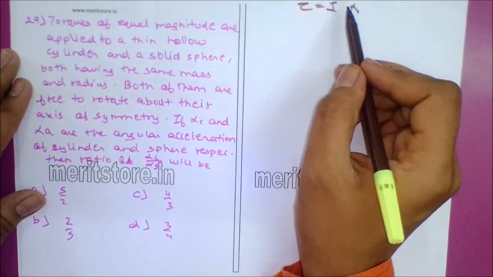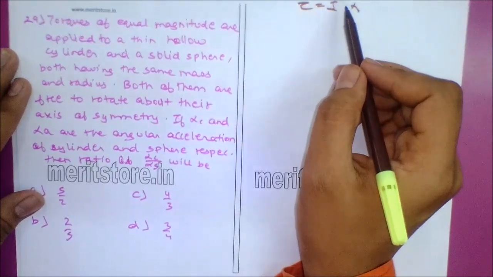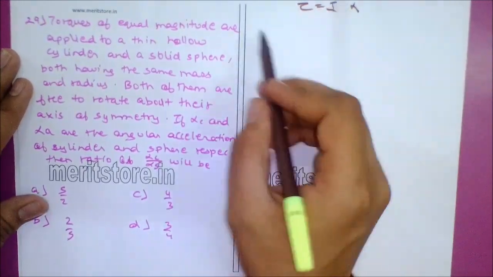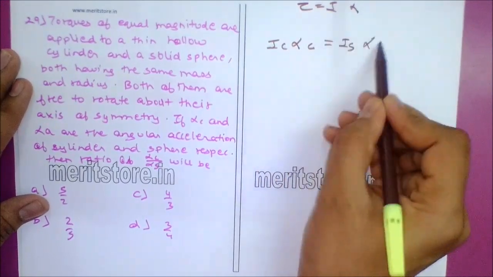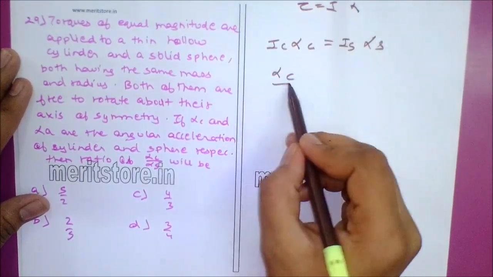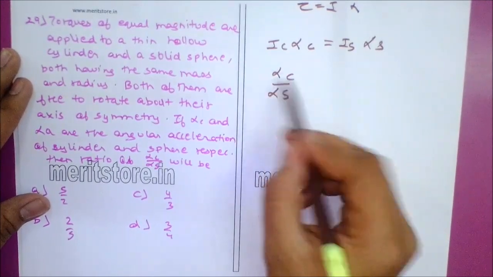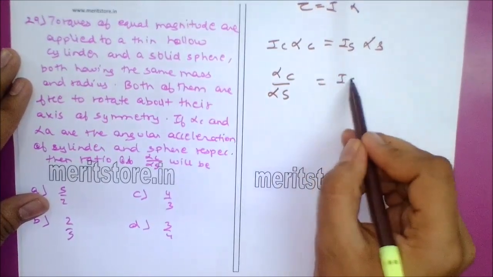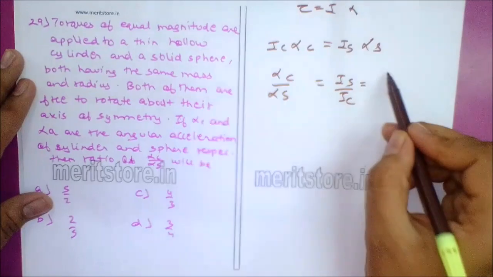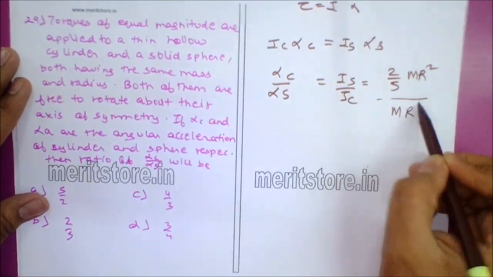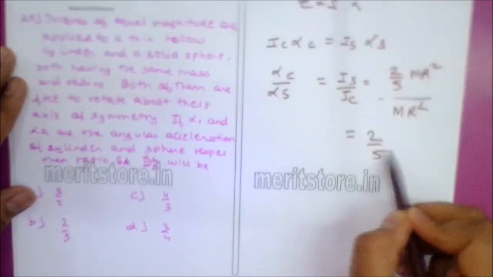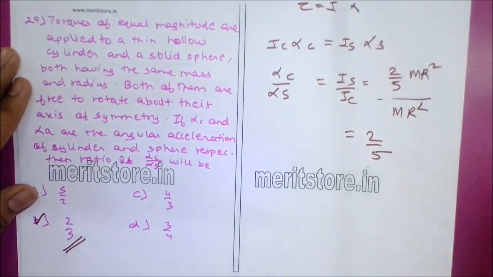Torques of equal magnitude are applied, so Ic alpha c is equal to Is alpha s. Alpha c upon alpha s is equal to Is upon Ic, which is equal to 2 by 5 mr square upon mr square. The answer is 2 by 5. So option B, 2 by 5 is the correct answer.